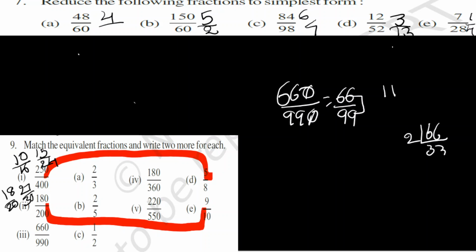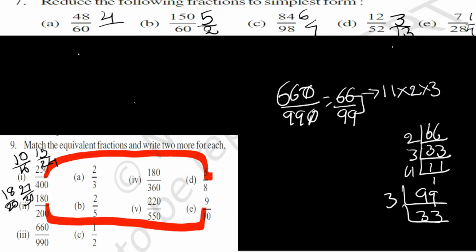66 can be written as 11 into 2 into 3, and let's factorize 99. 99 can be expressed as 11 into 3 into 3, and here the common numbers are 3 and 11.